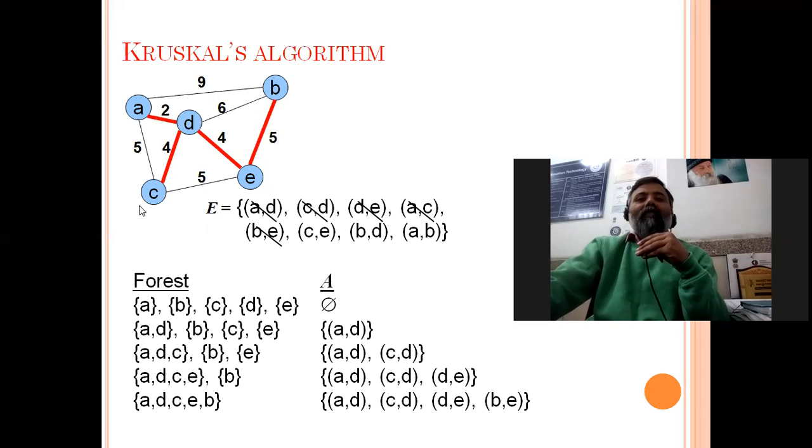Now, if we apply the second step, then take this first edge AD. This A belongs to this set and D belongs to this set. So both are in different sets.